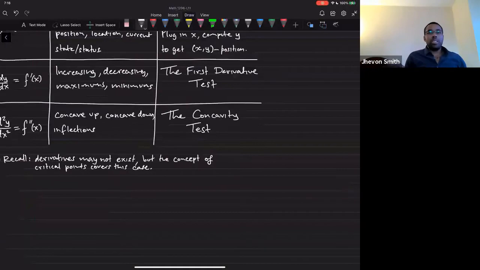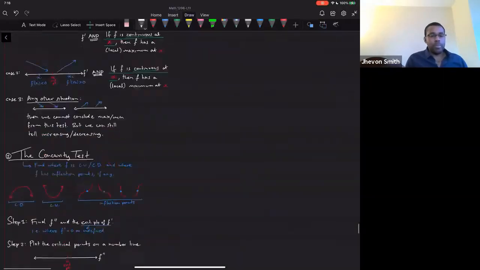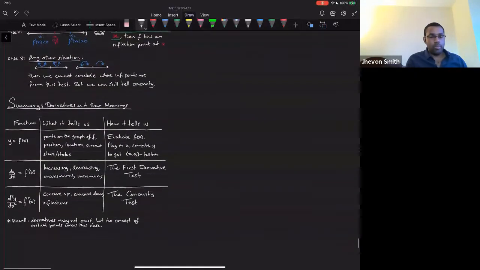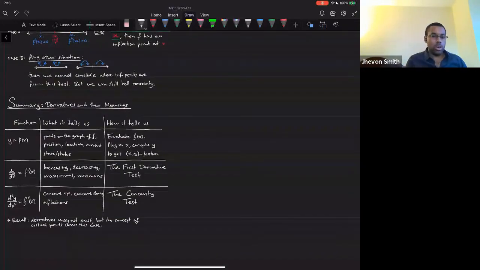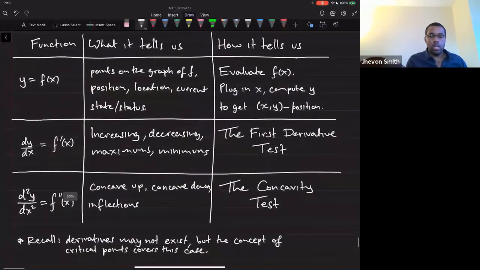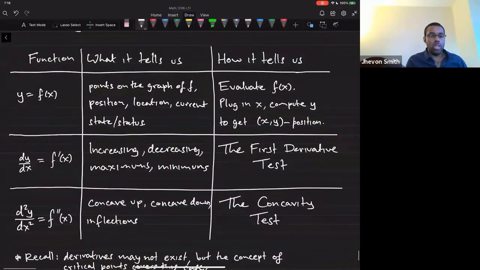Right, so derivatives are limits, they might not exist, but yeah, critical points take care of that. But it's very important that you know what each function is and what it's good for. What is it good for?